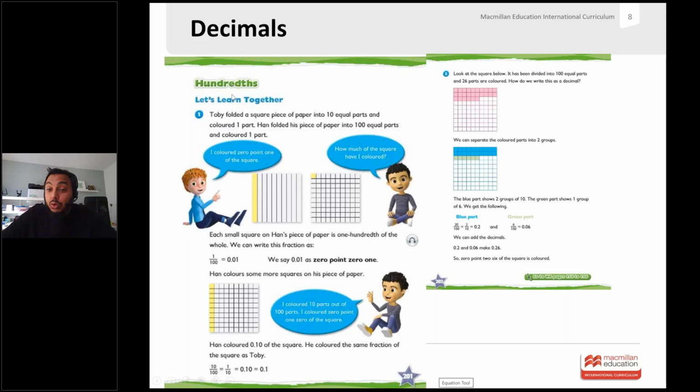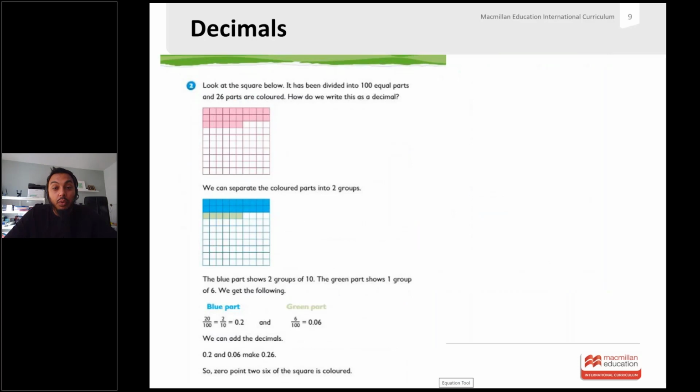And just like the way we went through 0.2 and 0.25, you can see the way they're doing this in 0.1 and 0.2 on the second page as well. And looking at the fact that 0.26 is the same as 0.2 plus 0.06, which is 0.26. If you've got any questions, let me know, and we can definitely go through them.